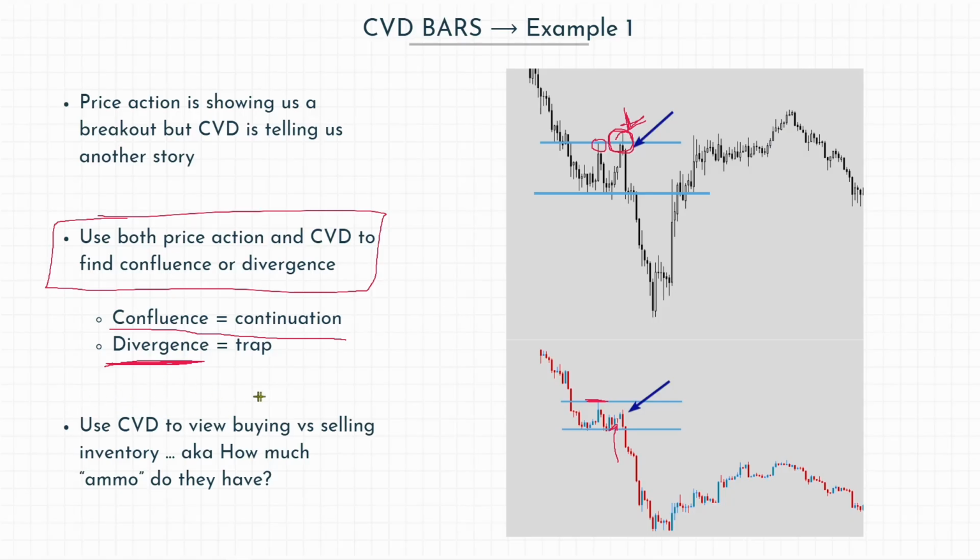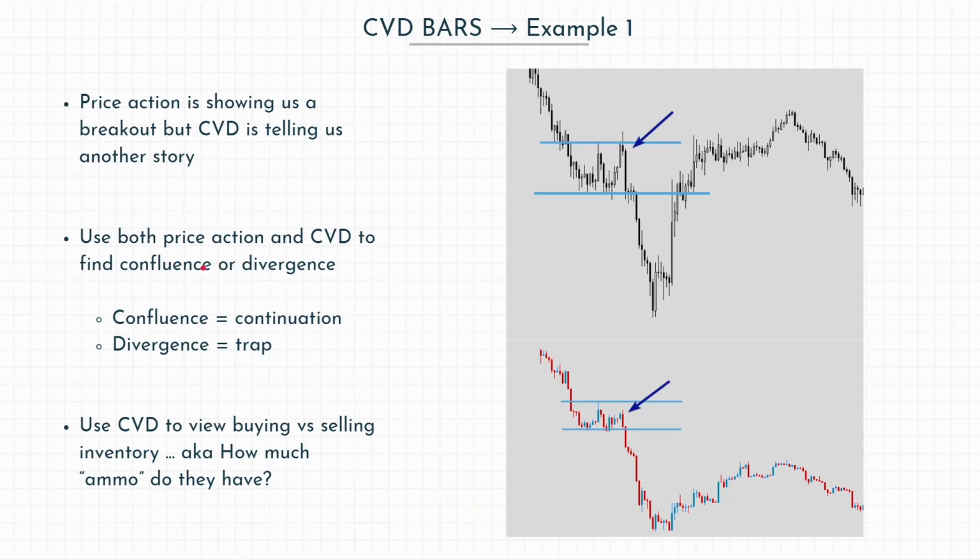You want to use CVD to view buying and selling as inventory, aka ammo. This is how I like to think of it in my brain, and maybe this will help some of you resonate with it. I view markets as a battle, right? Whenever there's a consolidation, there's a battle between buyers and sellers going on right here. As this battle is happening in price action, I'm looking at it in CVD and I'm thinking, well, who's winning the battle here?